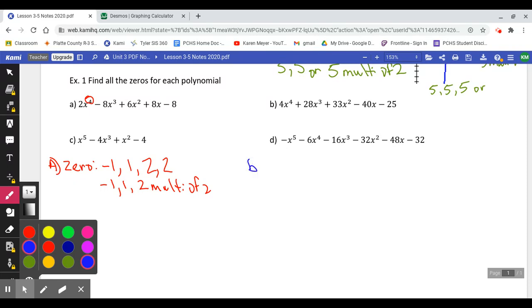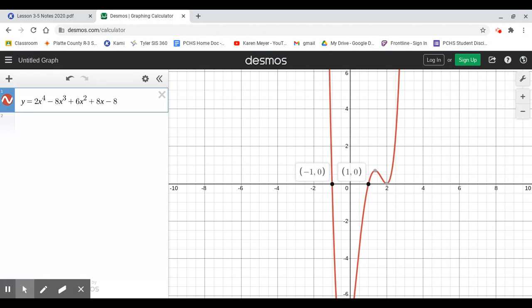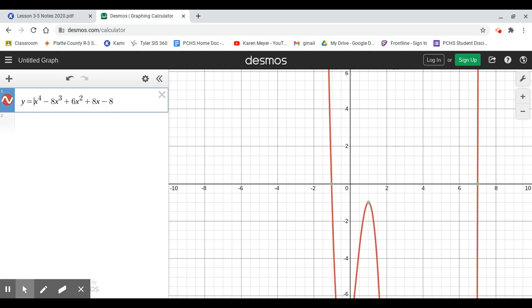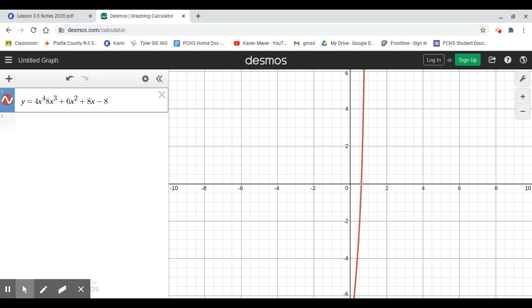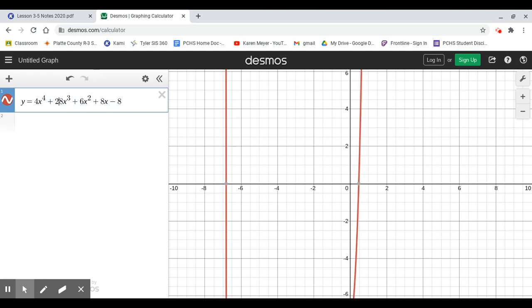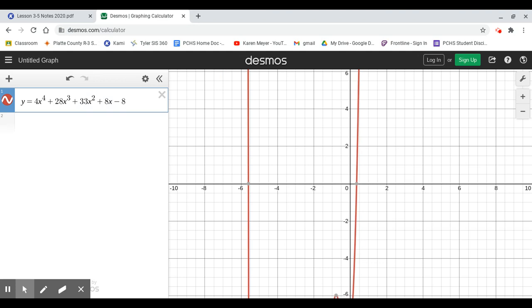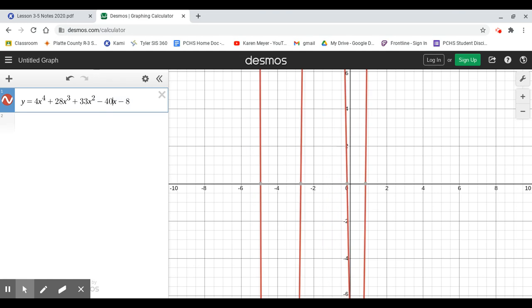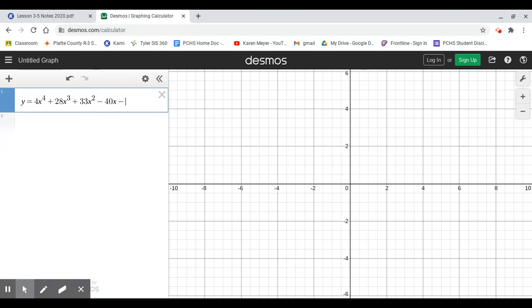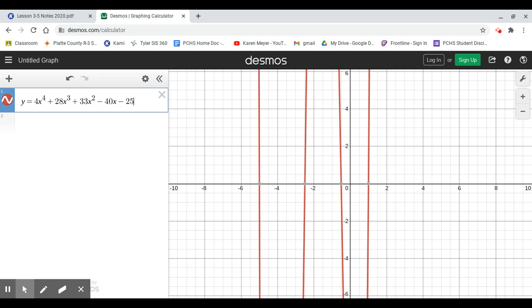So let's move on to B. So I'm going to go back to Desmos, and I'm going to type this one. So 4x to the 4th plus 28x to the 3rd plus 33x to the 2nd minus 40x minus 25.